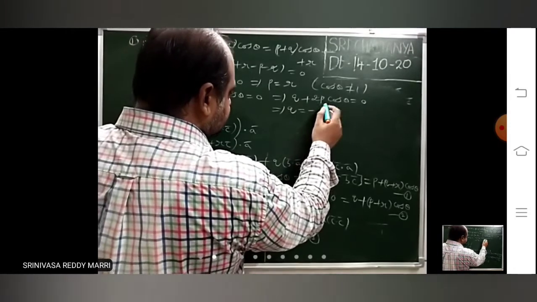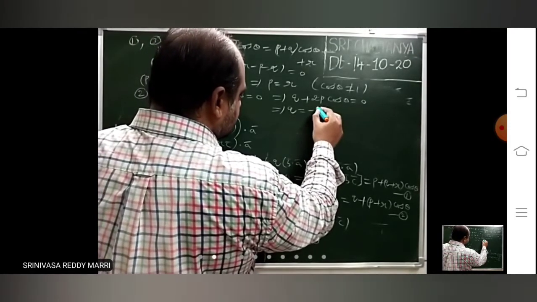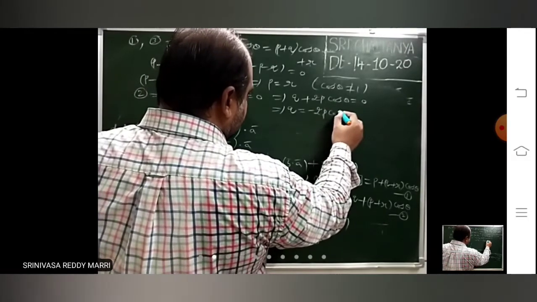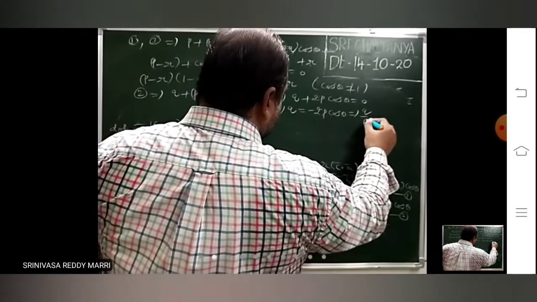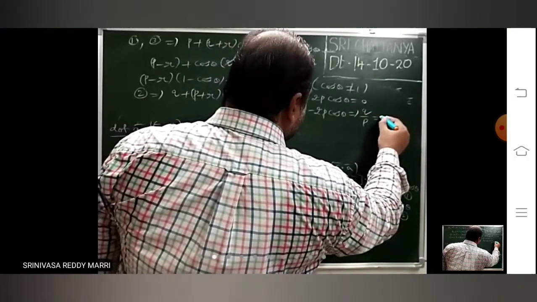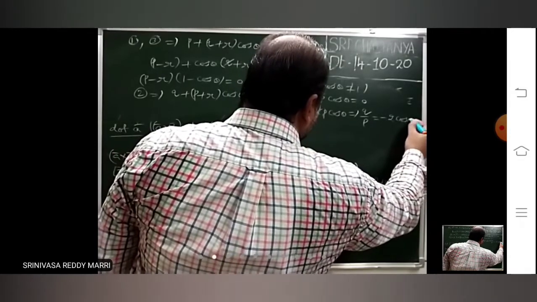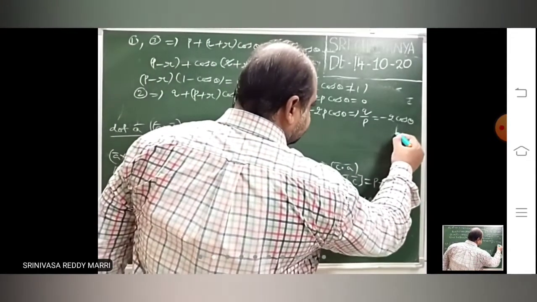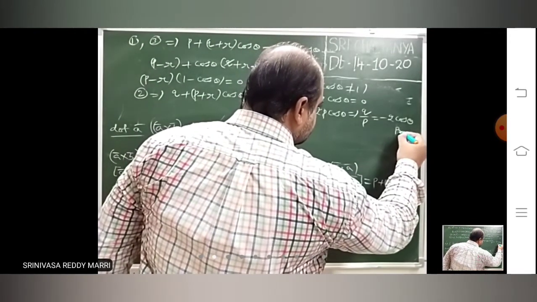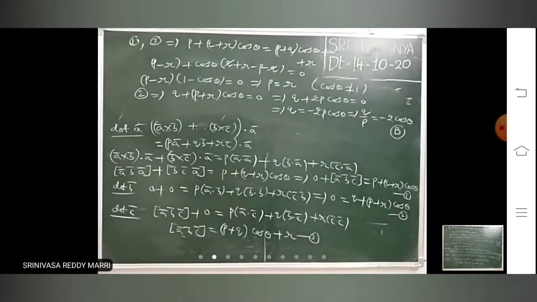So Q by P is nothing but minus 2 cos theta. Option B is correct.